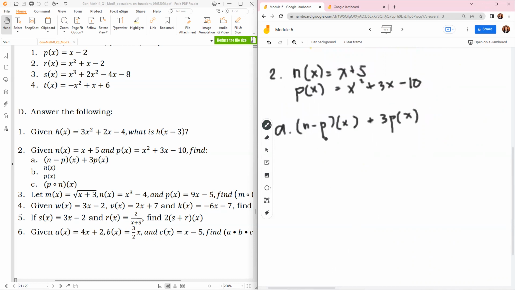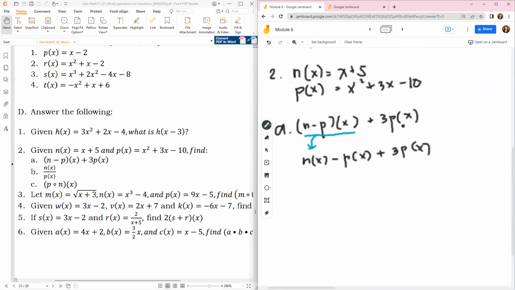So n minus p of x, this whole term here, is really just equal to n of x minus p of x, right? Plus 3p of x.